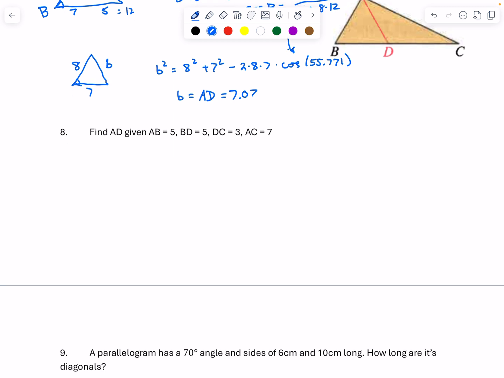Okay, setting up the same thing. AB is 5, D is 5, 3, 7, angle B. Go across from B first. Okay, B turns out to be exactly 60 degrees.